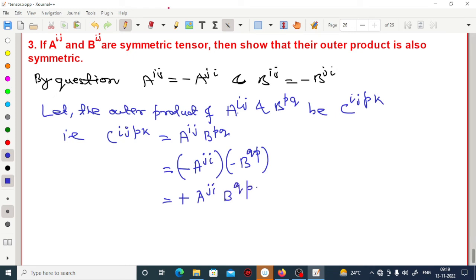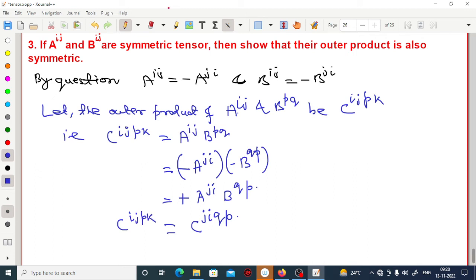Okay, clear? And what is this? If Aij BPQ is Cij PQ, এটাকে যদি Cij PQ বলো তাহলে এইটাকে কি বলা যেতে পারে in terms of C? What is this in terms of C? This will be definitely C of Ji QP, and look at over here, this is C of Ij PQ, right?